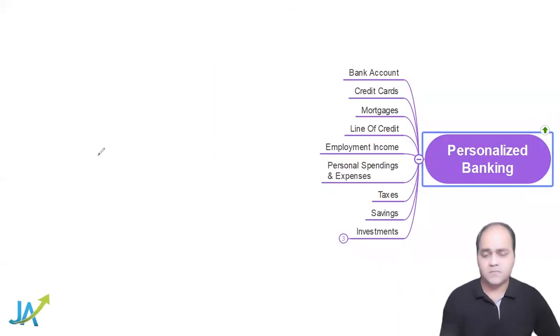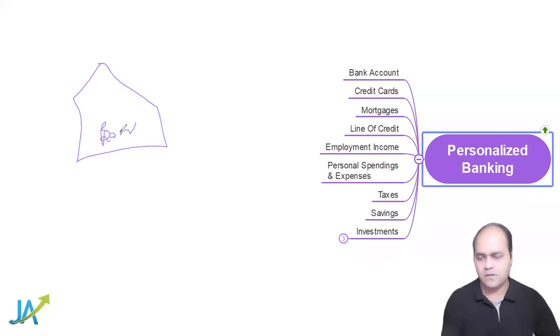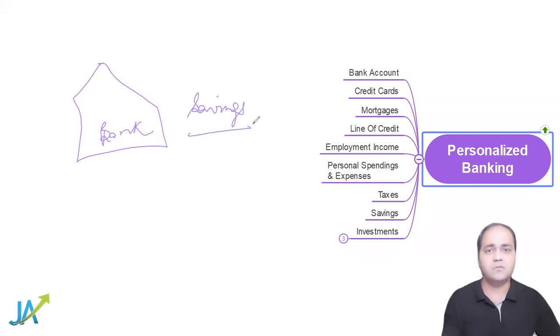Let's talk about personalized banking first. A very commonly known example of personalized banking is any kind of normal bank, which in general we also call a savings account. With a savings account, the depositor earns interest on the deposited amount.